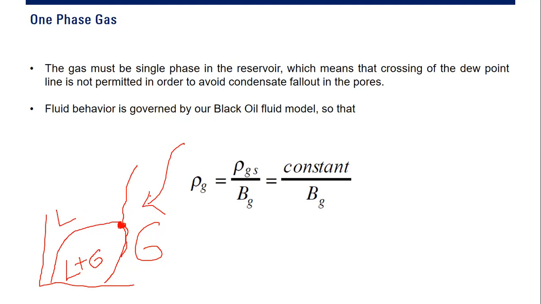Fluid behavior is governed by the black oil fluid model. So you know we have the black oil model or the compositional model. If we have the compositional model, then you have to mention all the components and the composition. But if you have the black oil model, it is much simpler. You just need to define your fluid with their specific gravity.